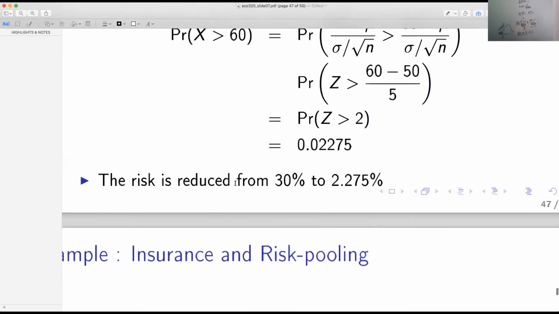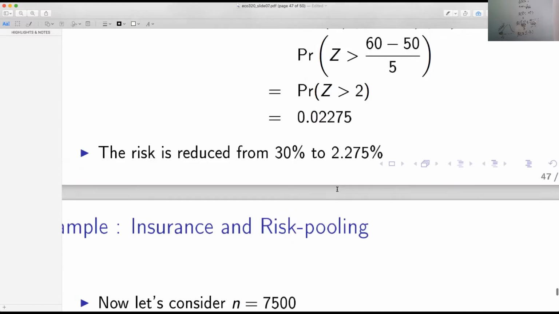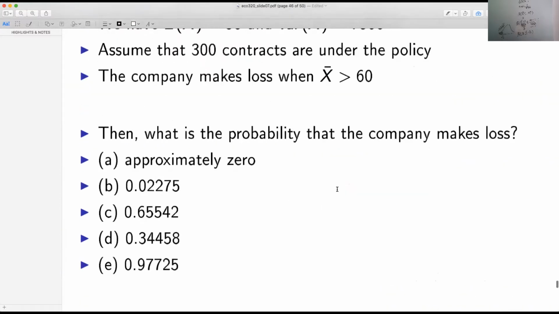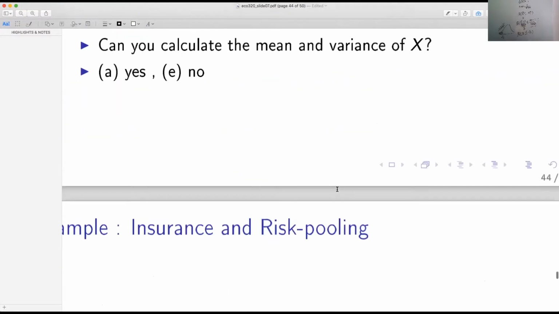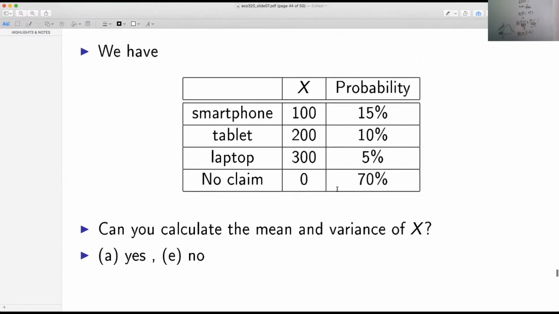The risk was reduced from 30% to 2.275%, because previously the risk was 30%. With a 15% probability, you have to pay $100; with a 10% probability, you pay 200, and so on up to 300. In other words, the summation of 15, 10, 5 is 30%.